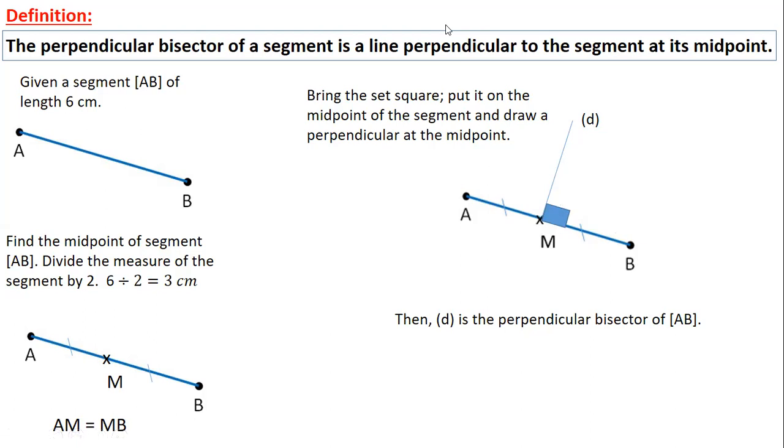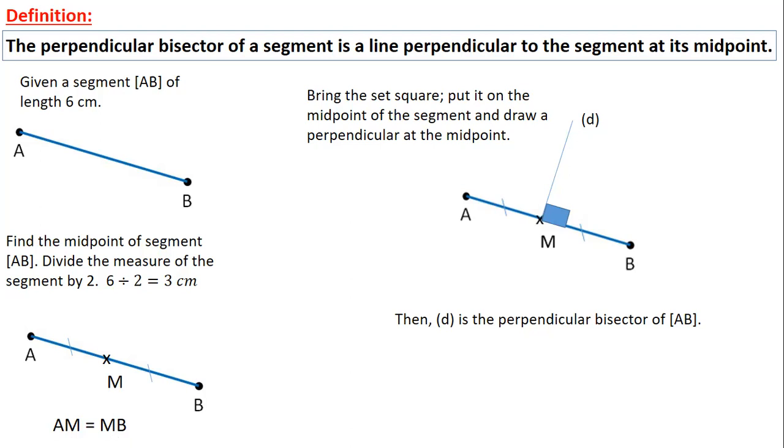No. Okay, I want now, please, again, I want Hadi to read the definition of the perpendicular bisector of a segment. Please, Hadi, read the definition. The perpendicular bisector of a segment is a line perpendicular to the segment at its midpoint. Hadi, do you see the definition that you have read now? Yes.